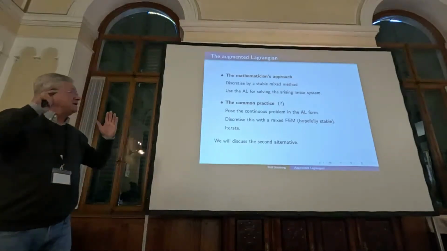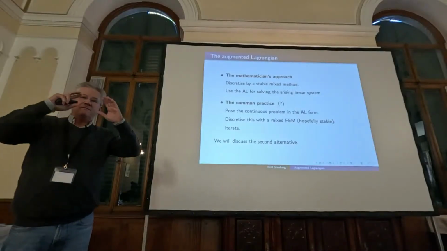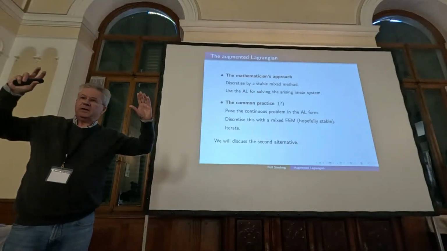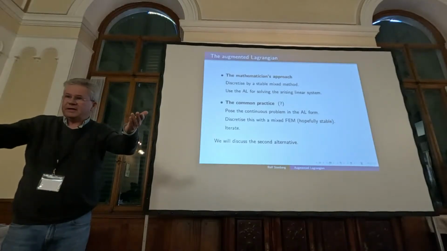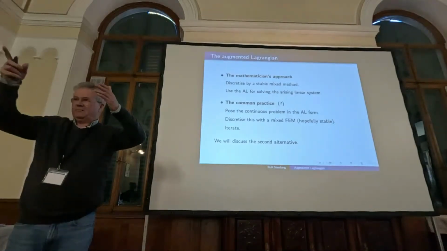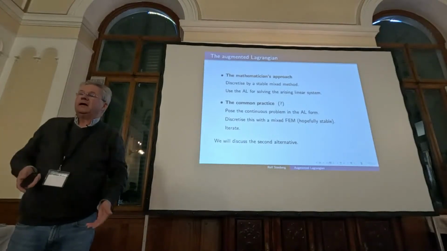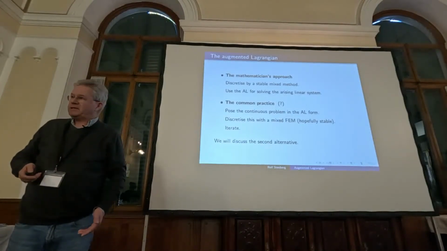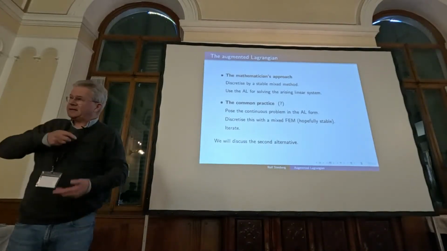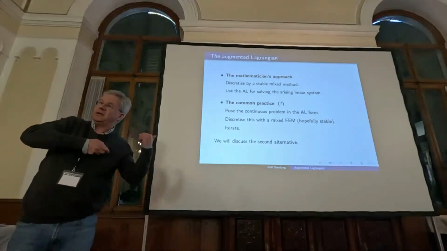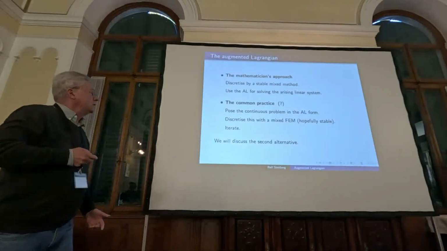My feeling is that a lot of people write the augmented Lagrangian without discretizing, then discretize, or write it in saddle-point form and iterate, and then use a mixed method for that. And it's not the same thing as what I presented before.